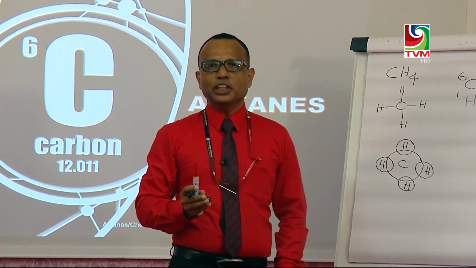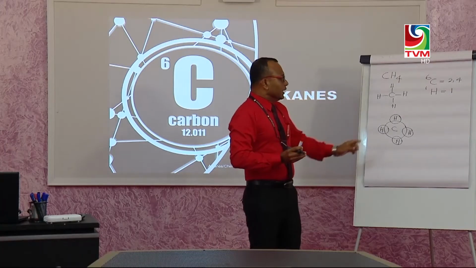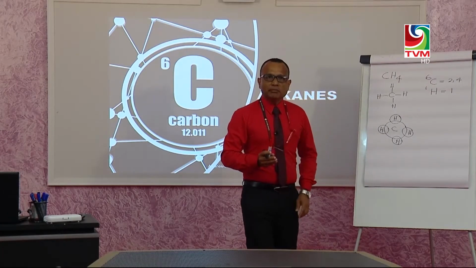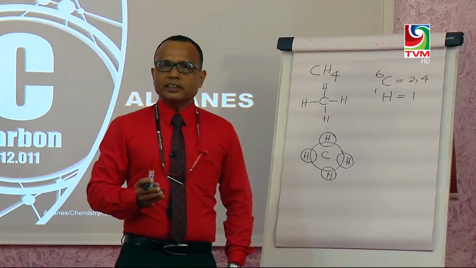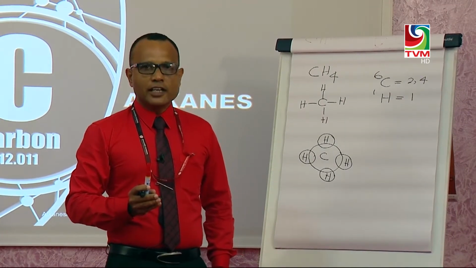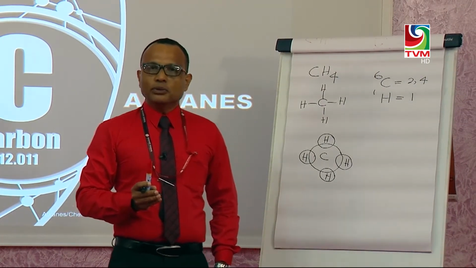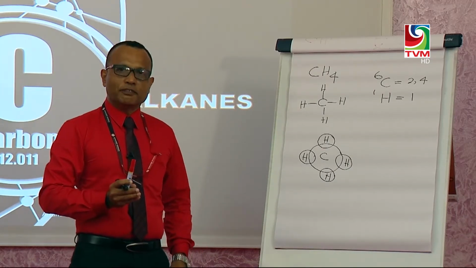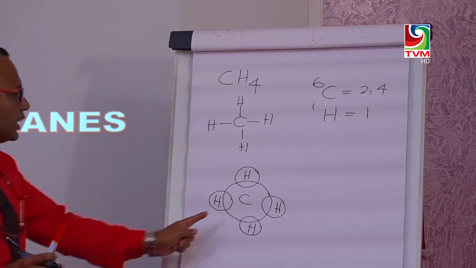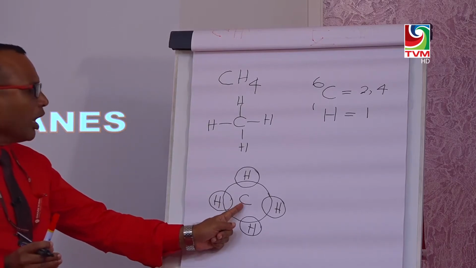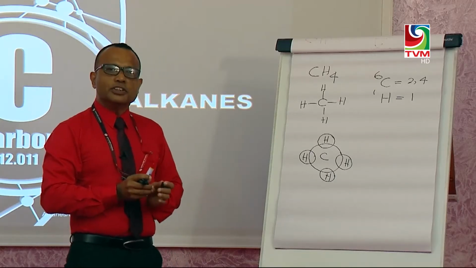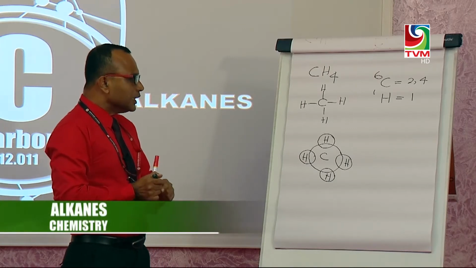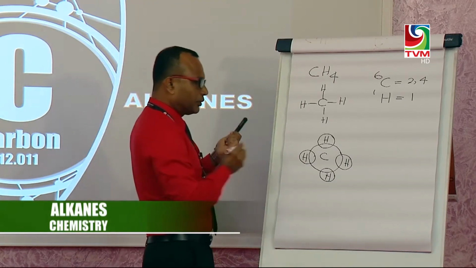Another point you need to remember: use the same symbol to represent electrons of like atoms, but use a different symbol to represent electrons of unlike atoms. We see here unlike atoms, carbon and hydrogen.